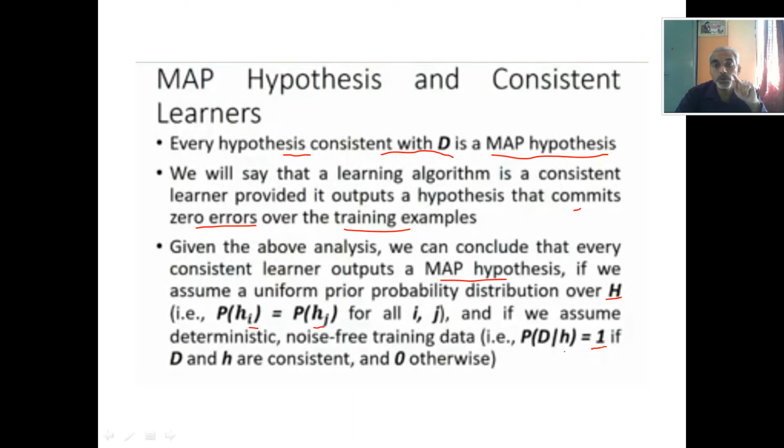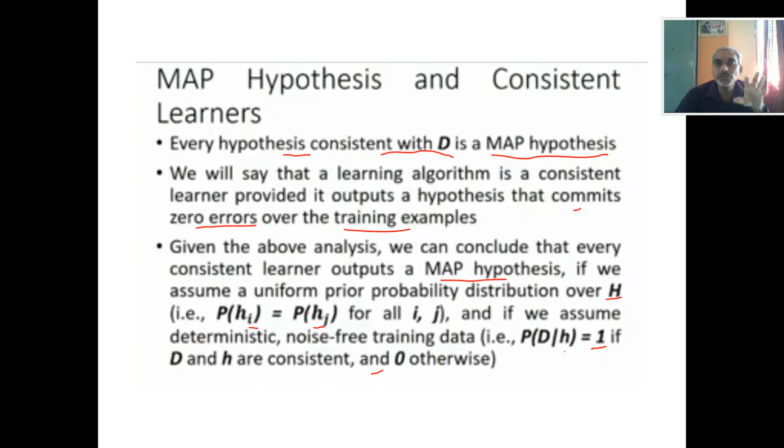We can say it is equal to 1 if D and H are consistent. If the hypothesis is consistent with the given data set D, and it is deterministic and noise-free, then the probability of D given that particular hypothesis is 1. Otherwise, it is 0.